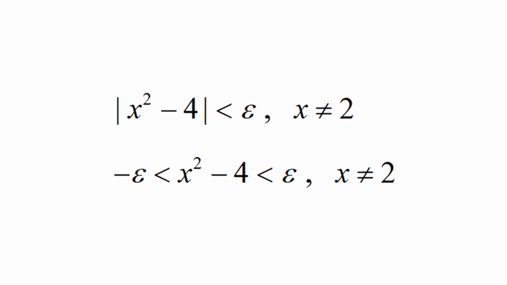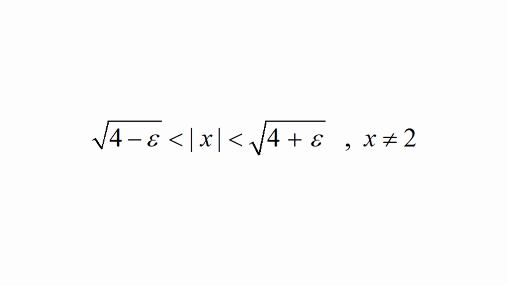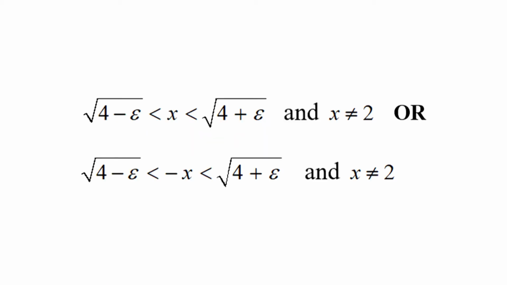From the definition of f, for x not equal to 2, we have f of x equal to x square, and the inequality to solve is absolute value of x square minus 4 less than epsilon if x not equal to 2, which is equivalent to minus epsilon less than x square minus 4 less than epsilon, which is equivalent to 4 minus epsilon less than x square less than 4 plus epsilon, which is equivalent to square root of 4 minus epsilon less than absolute value of x less than square root of 4 plus epsilon, if x not equal to 2.